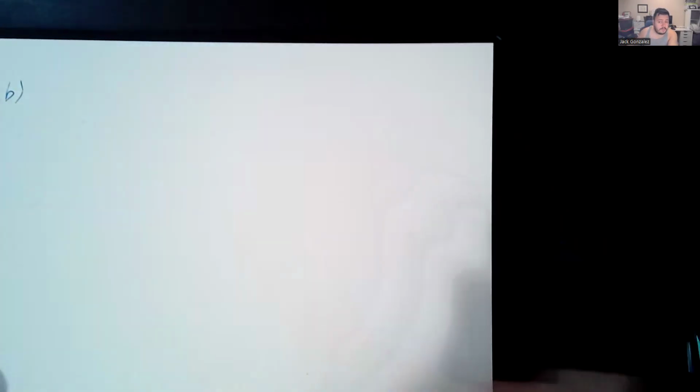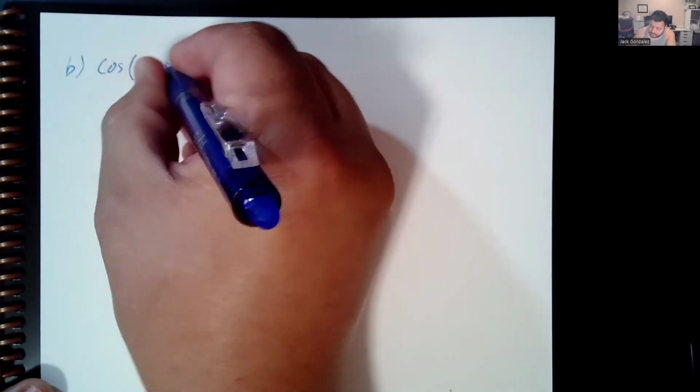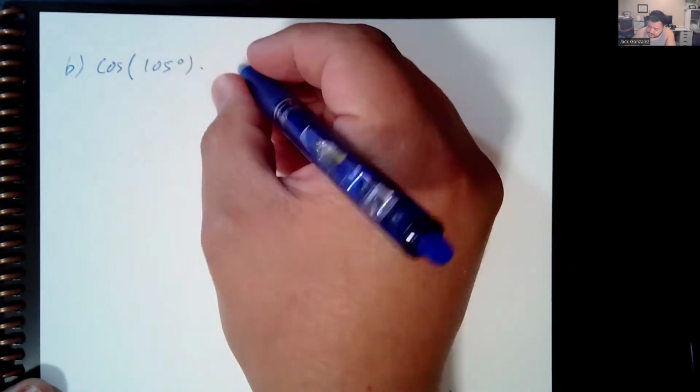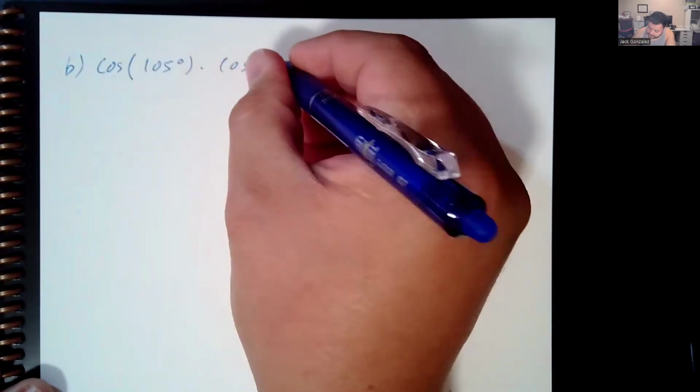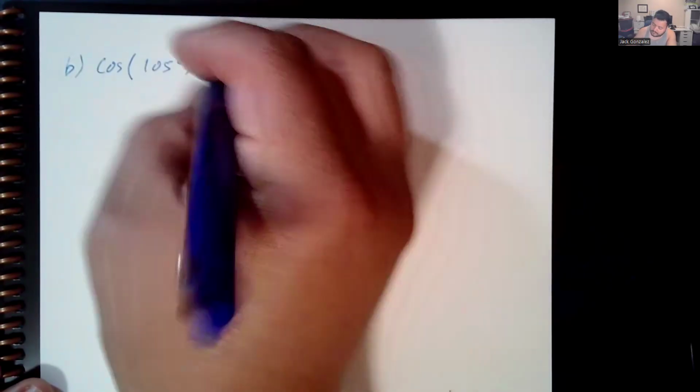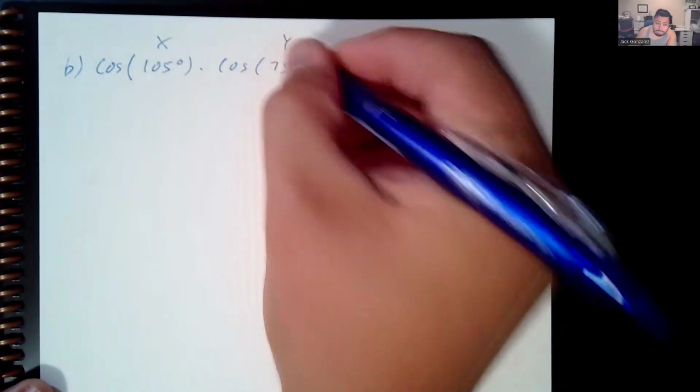Now part B. I don't have space there. So part B, we're going to do cosine of 105, I think it was, times cosine 75. So this is my x and my y.